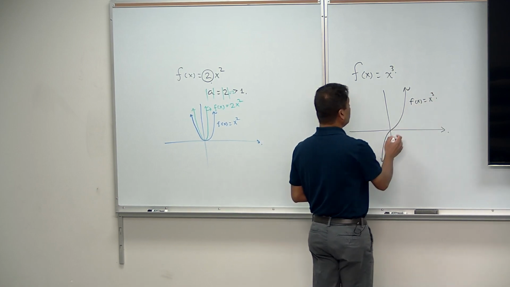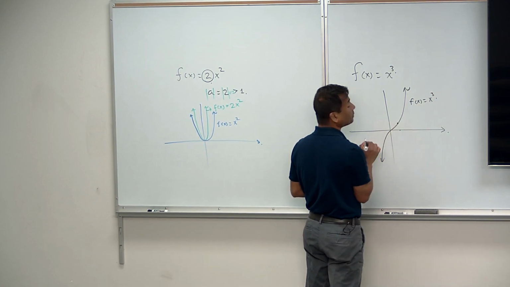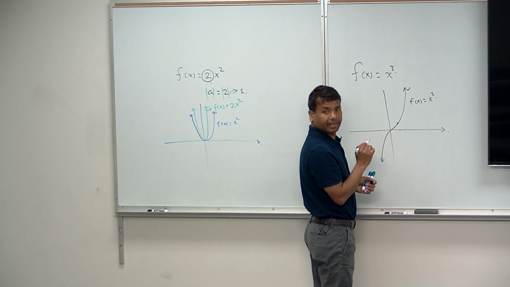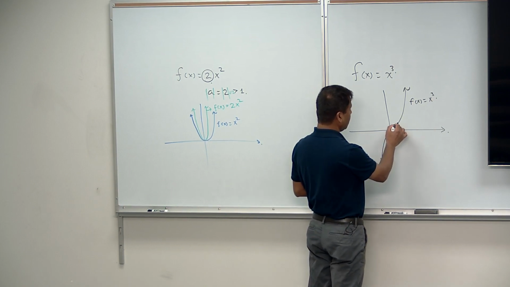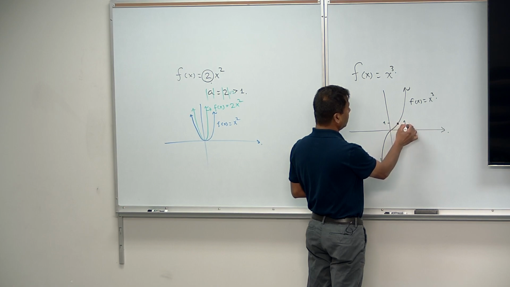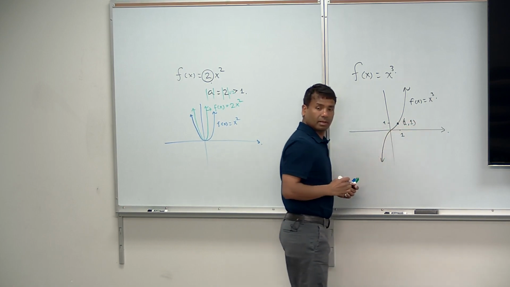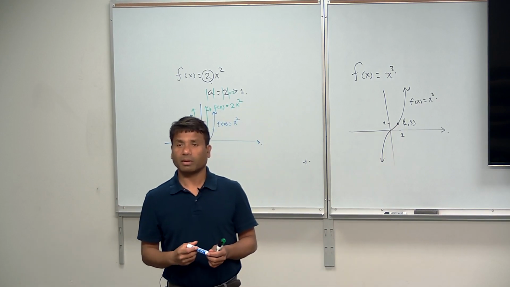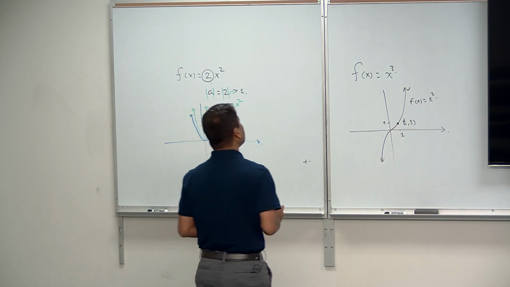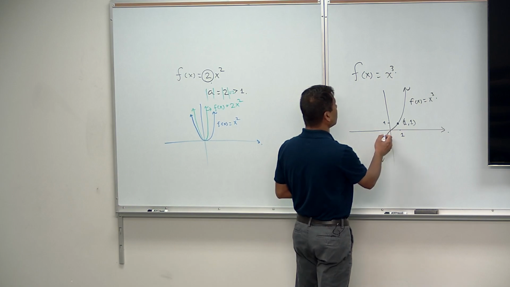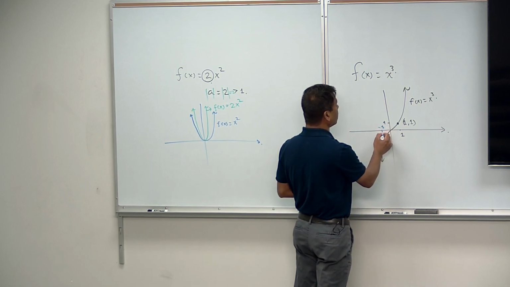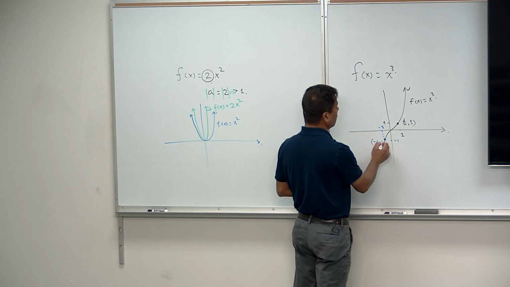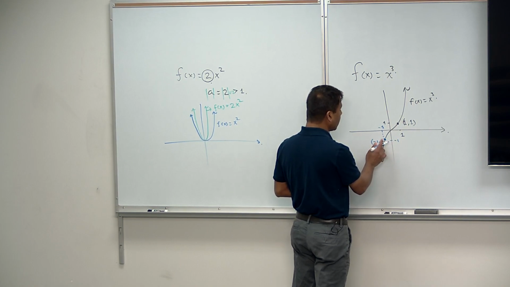And if you plug in 1 here, it will be 1, right? Are you with me? So the graph passes through the point (1, 1). And if you plug in -1, it's also -1, so it passes through (-1, -1), okay?